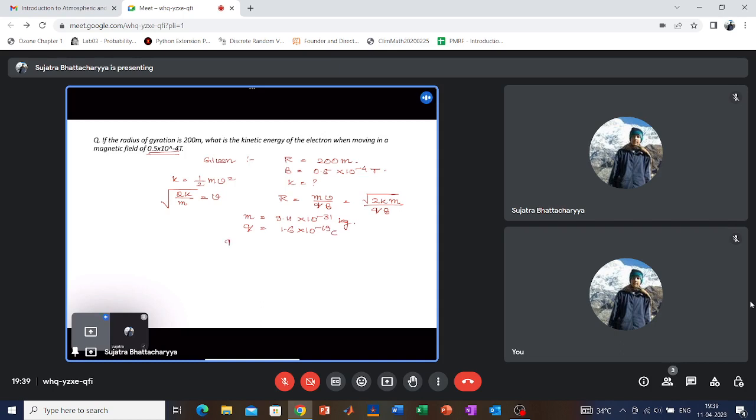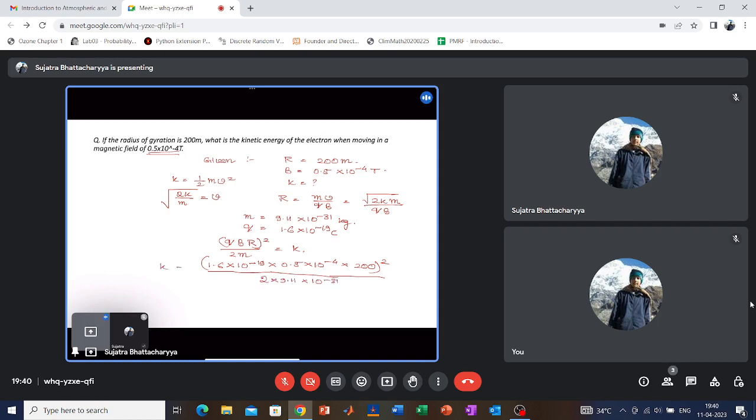How will I get it? qB into R whole square divided by 2m should be the kinetic energy, right? So just put the expressions: 1.6 into 10 to the power minus 19 into 0.5 into 10 to the power minus 4, R is 200, put that whole square, divided by 2 times 9.11 into 10 to the power minus 31.